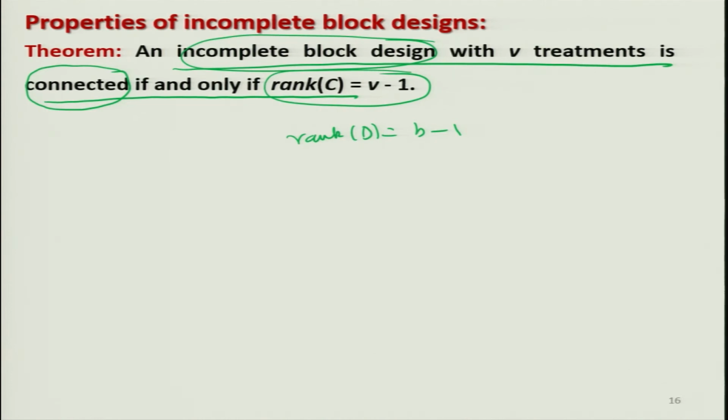And if you try to recall what was happening in the case of randomized block design, you had expressed the null hypothesis for the treatment and block effect in the form of an elementary contrast.